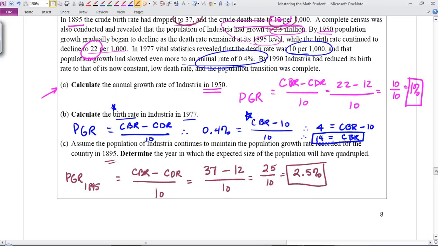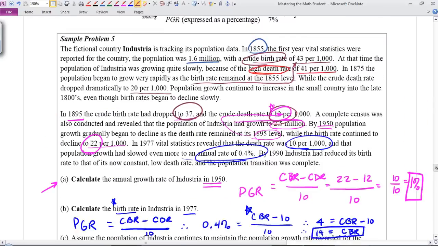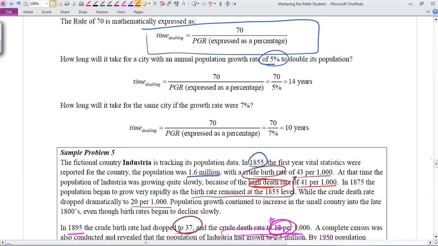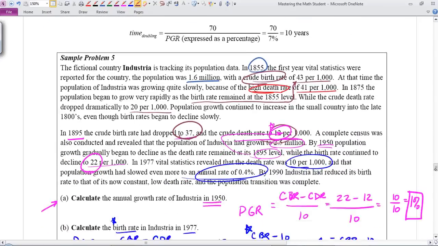Then I need to use the rule of 70 to determine the number of years it takes for the population to double. So the time for doubling, and where did I get this rule of 70? Right here. The time for doubling is equal to 70 divided by the PGR. That's why I needed the PGR.